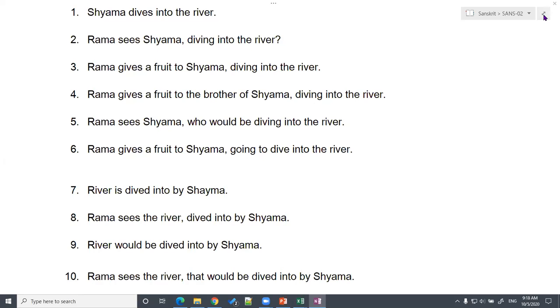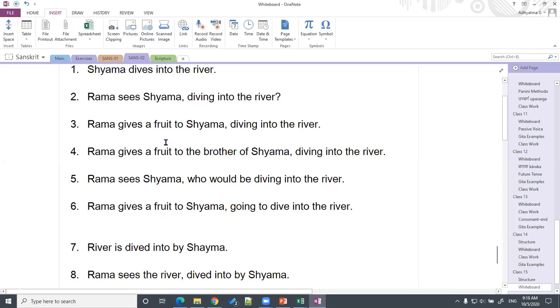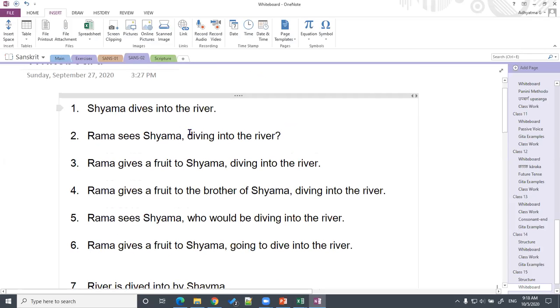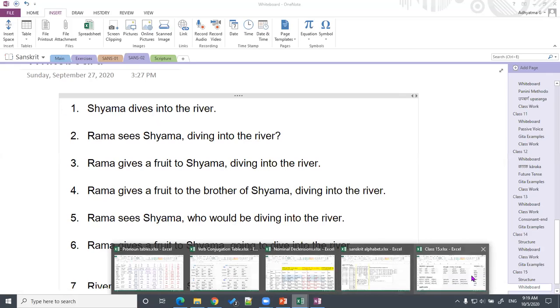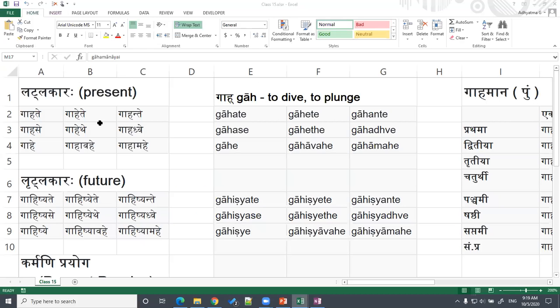So now we'll see how these sentences are used in Sanskrit. That will give you a clear understanding how do we use the participle. So just to let you know, you probably know already, diving is a verb, and in Sanskrit it is gaha.